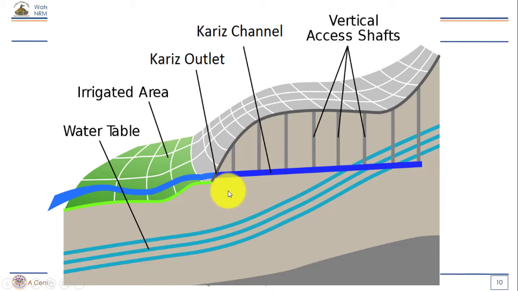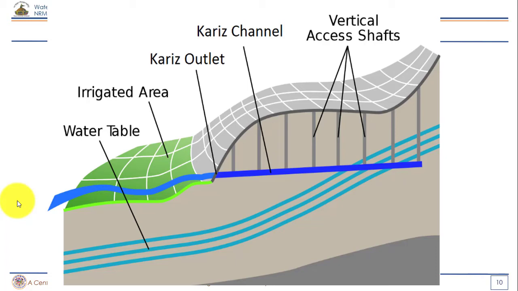So it is not only used by people who can access wells, but also by people who are living far away from the underground system. The water can flow a few kilometers away.